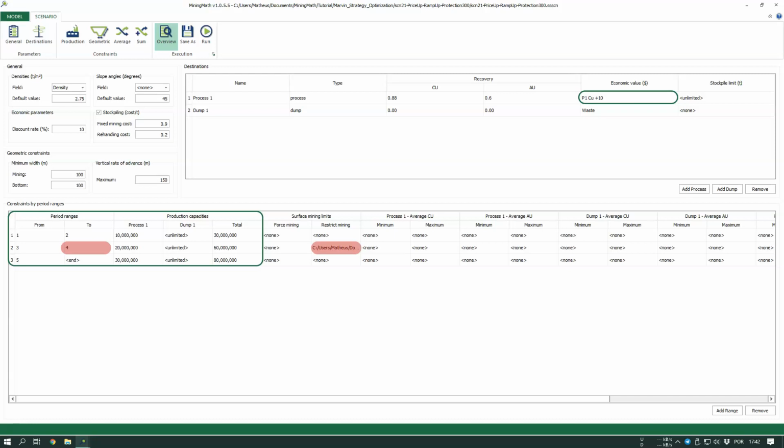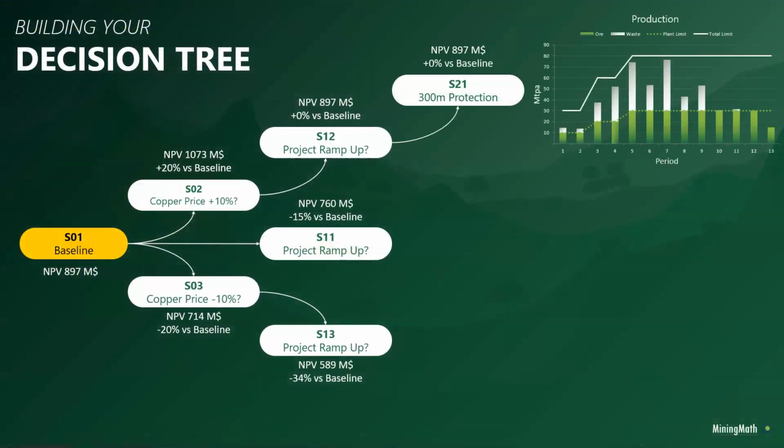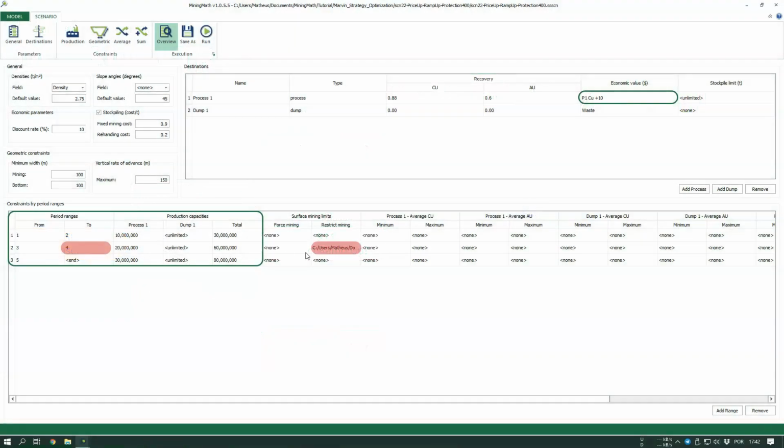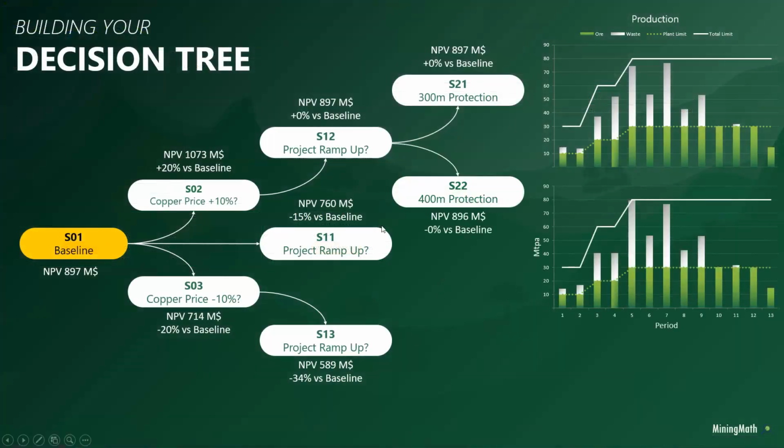Okay, so this is the sort of evaluation you can do with MiningMath by assessing these different possibilities. So here, considering the 300 meters protection, we can see that the baseline value has been preserved. And what if we consider an offset of 400 meters? Okay, for 400 meters, the value for the project is still the same for this set of constraints. But for a different project, it could represent 3%.